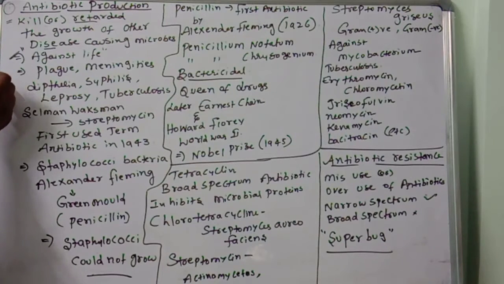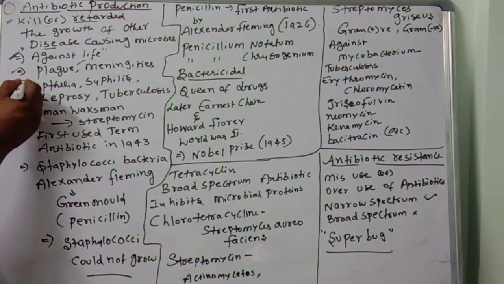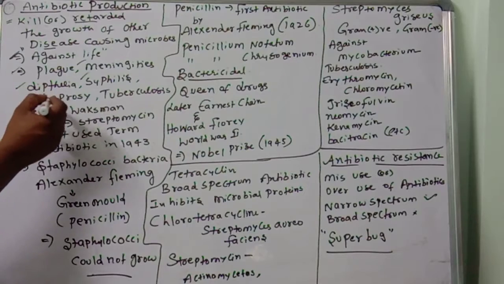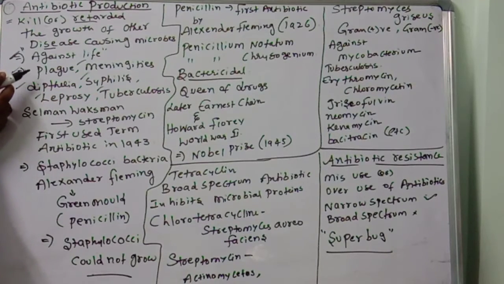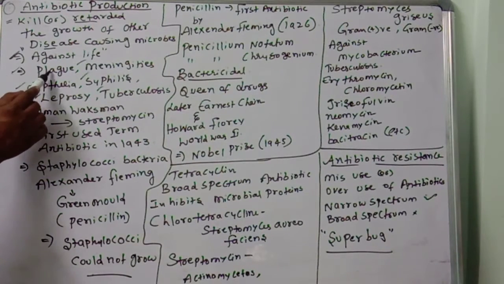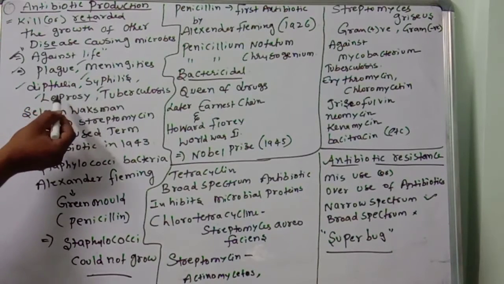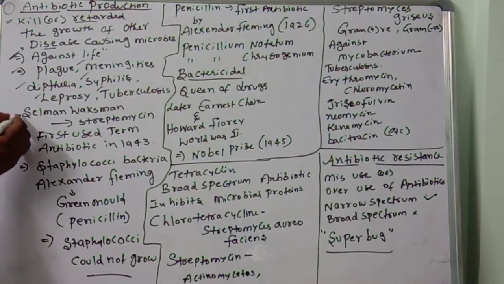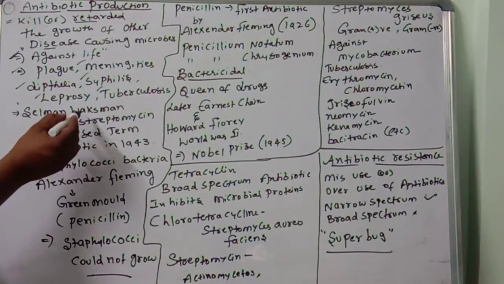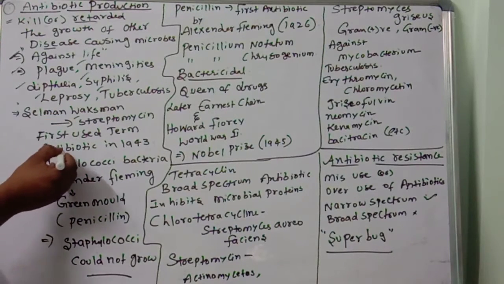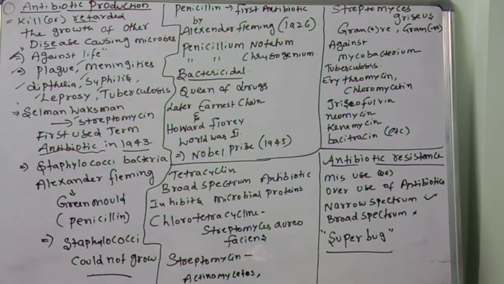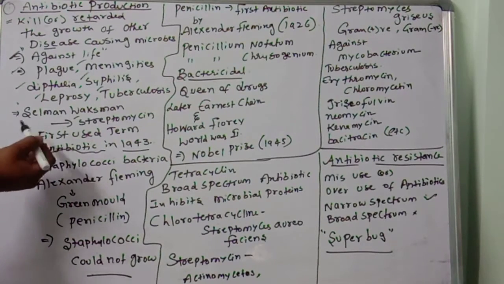Which kind of infections do we control using antibiotics? Mainly we use antibiotics to control plague, meningitis, diphtheria, syphilis, leprosy, and tuberculosis. Selman Waksman first discovered streptomycin and first used the term antibiotic in 1943.